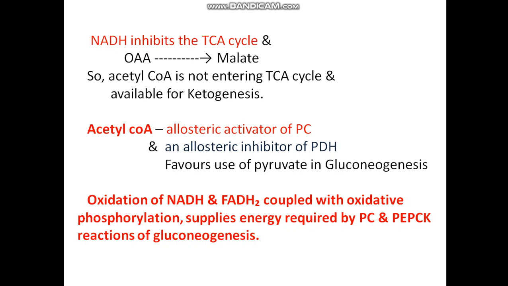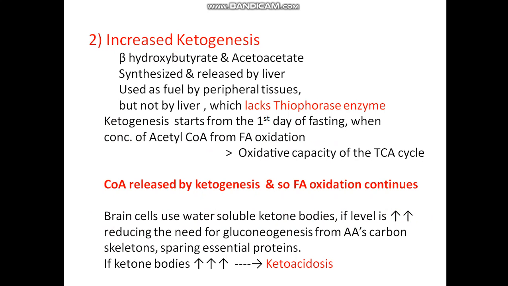This pyruvate carboxylase is the enzyme for gluconeogenesis, and PDH is for the TCA cycle. The oxidation of NADH and FADH2 coupled with oxidative phosphorylation supplies energy required for PC, that is pyruvate carboxylase, and phosphoenolpyruvate carboxykinase reactions of gluconeogenesis.